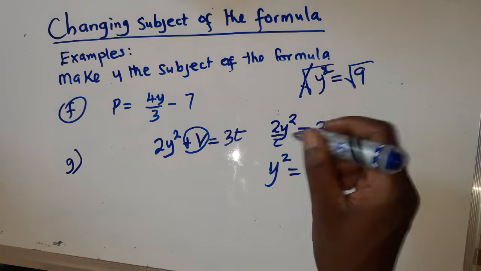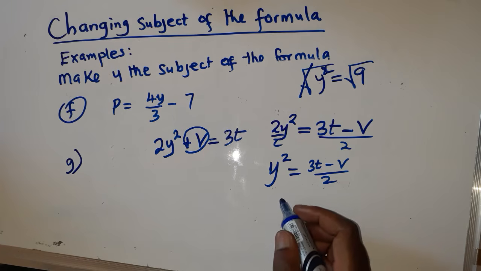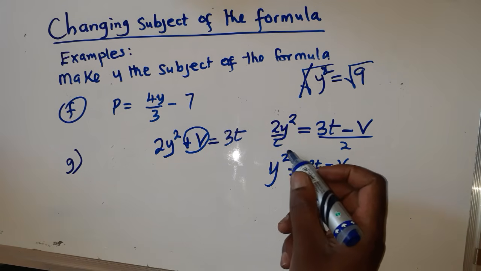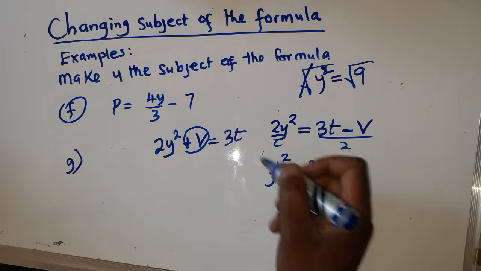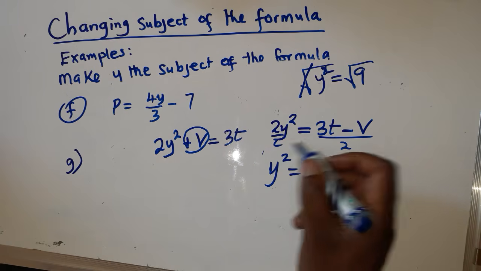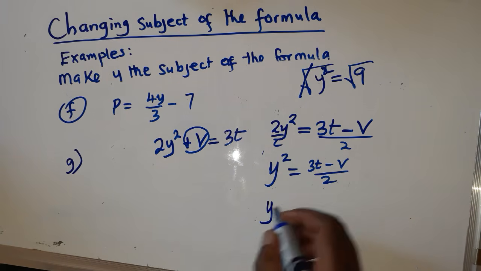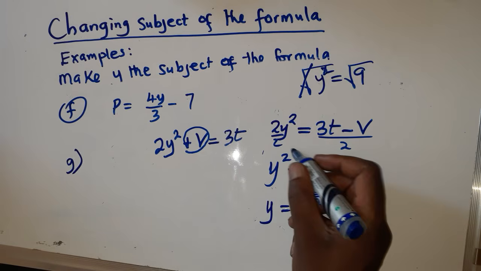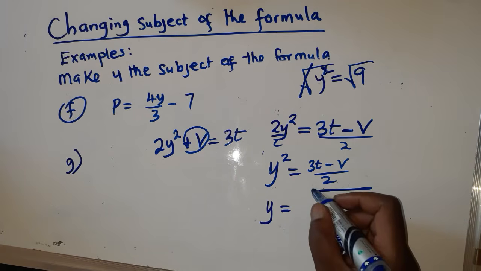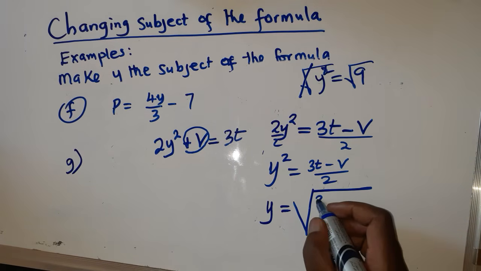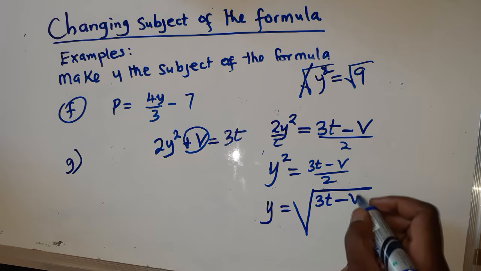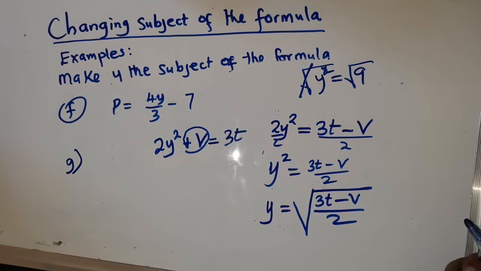So we usually don't show the square this side. Instead, we just say y is equal to the square root of (3t minus v) over 2. This is the answer.